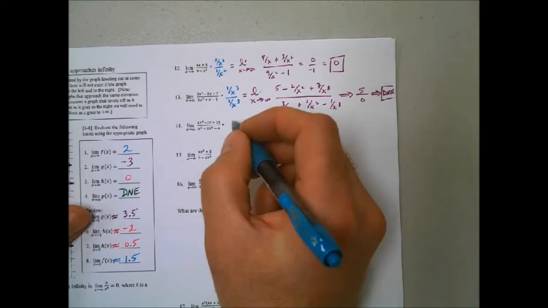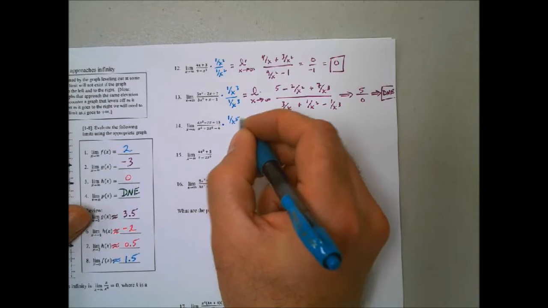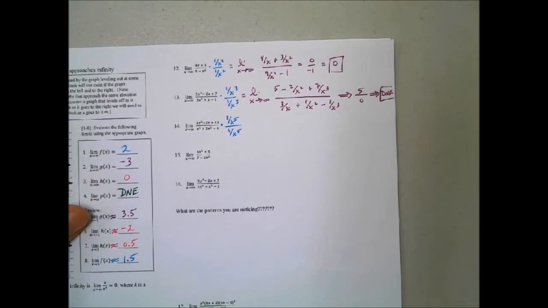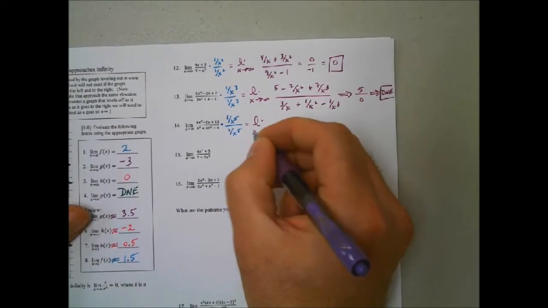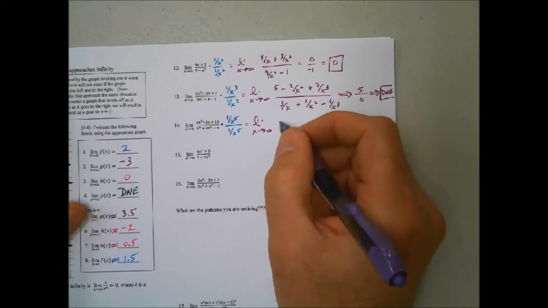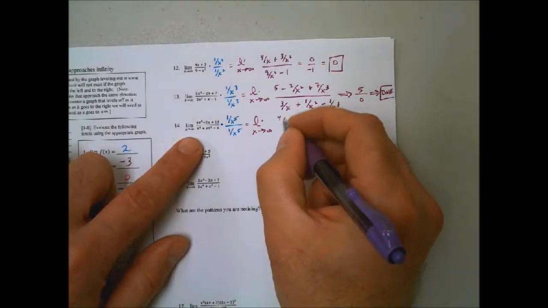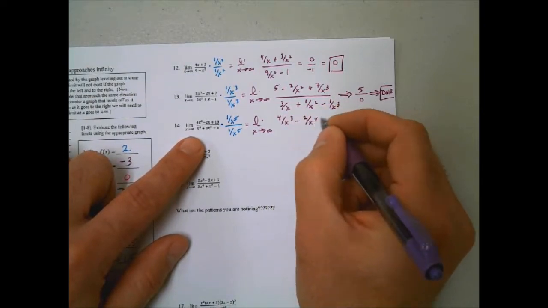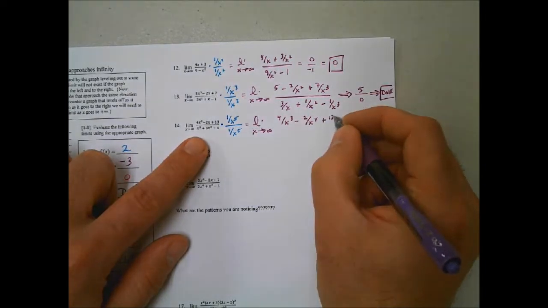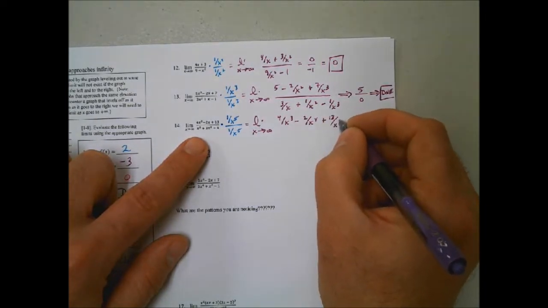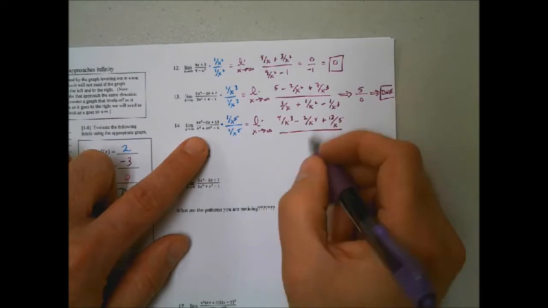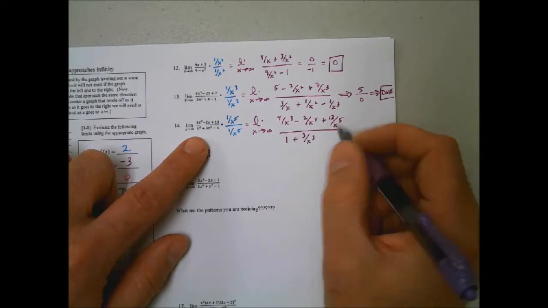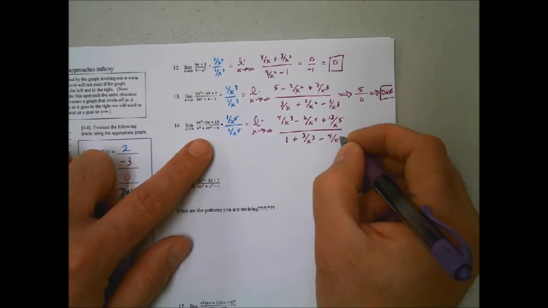So if I multiply top and bottom by 1 over x to the 5th, we get the limit as x approaches infinity, and I have 4 over x to the 3rd minus 2 over x to the 4th plus 13 over x to the 5th, all over 1 plus 3 over x to the 3rd minus 4 over x to the 5th.